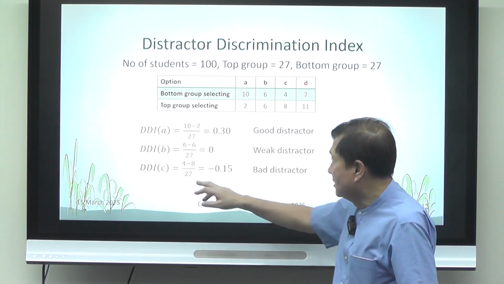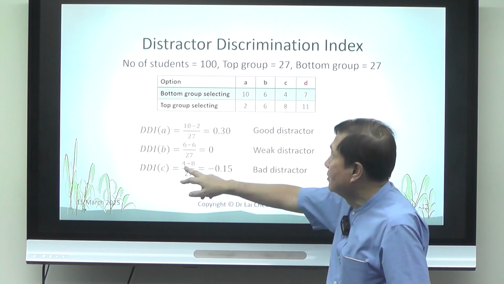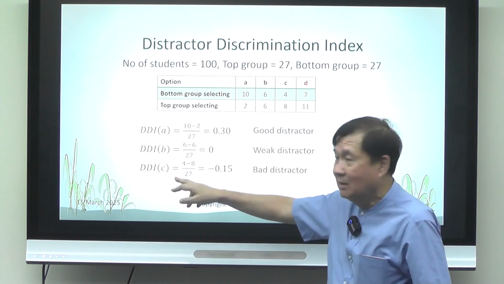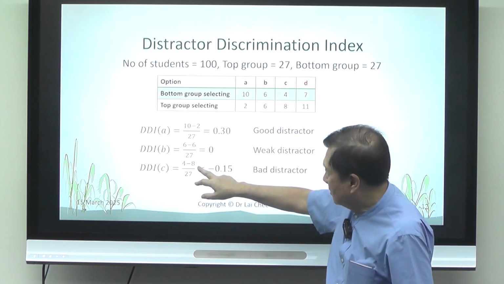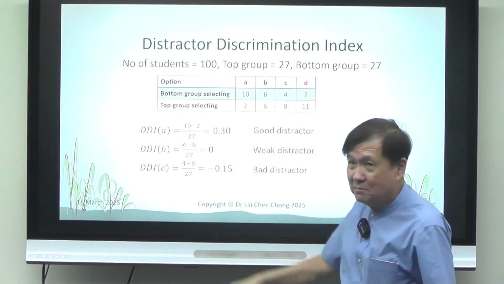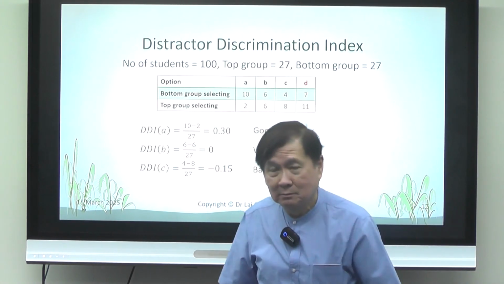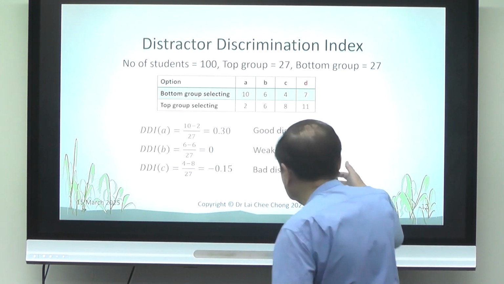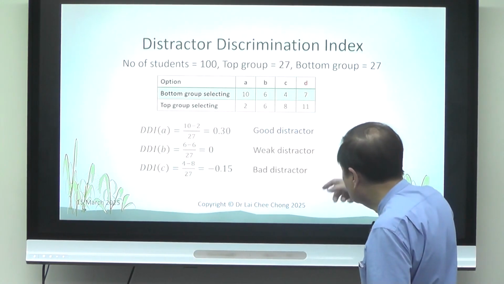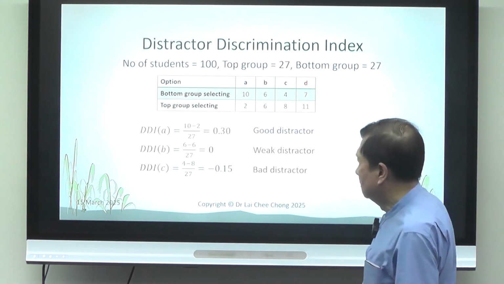Why? It seems that they're less choosing the C, but the top achievers, they have 8 of them. So it's just the other way around. So these are the kind of things that give you an indicator. This is a bad distractor. So in that case, I may have to do some revision on these 2 distractors here.